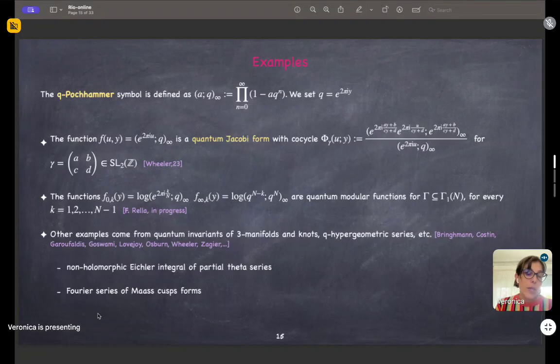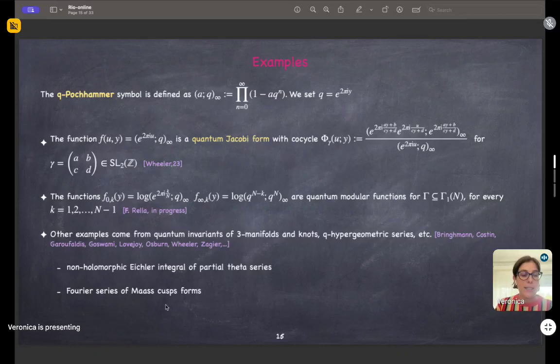And also, if you look at the Fourier series expansion of certain Maass cusp forms, again, these are quantum modular forms, and the cocycle can be expressed as a function that involves the Maass cusp form, which instead is modular. So sometimes you see this nice correspondence.